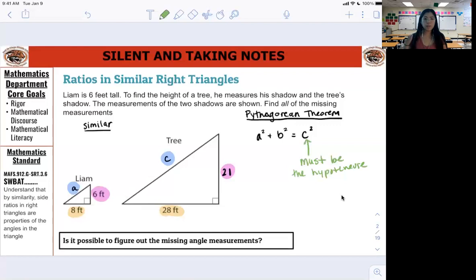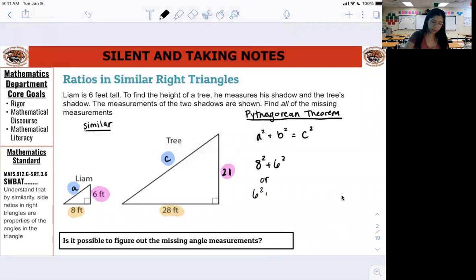That doesn't matter, but C has to be the hypotenuse. So my equation has to be 8 squared plus 6 squared, or you could write 6 squared plus 8 squared. That part doesn't matter. The only part that matters is that C has to be the hypotenuse, and A squared is the missing side.